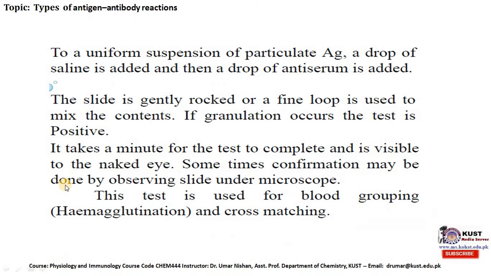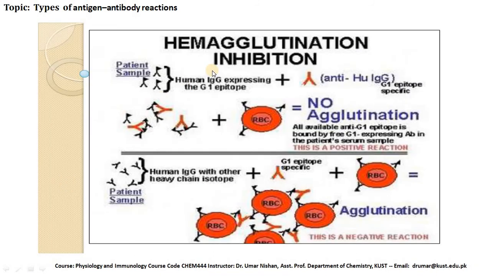Hemagglutination inhibition. Patient sample, human IgG expressing the G1 epitope, plus anti-human IgG G1 epitope specific: no agglutination.